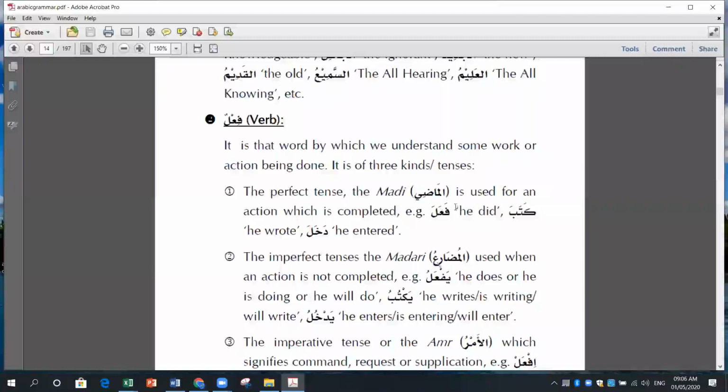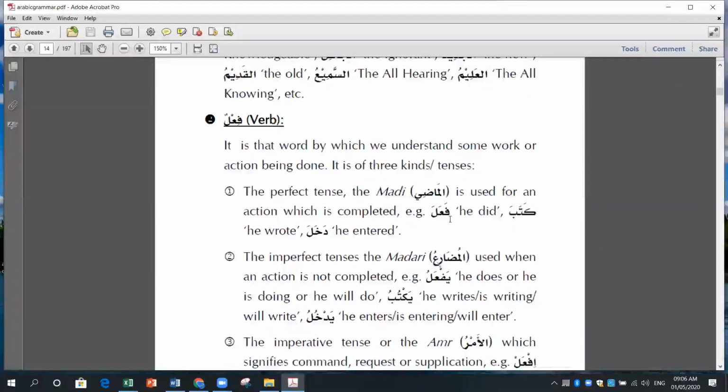For example, sajada, like he prostrated. Sajda, we perform it in salah, right? So it is on the same pattern, sajada. But he knew: ilm, ain, lam, mim. What does ilm mean? Knowledge.